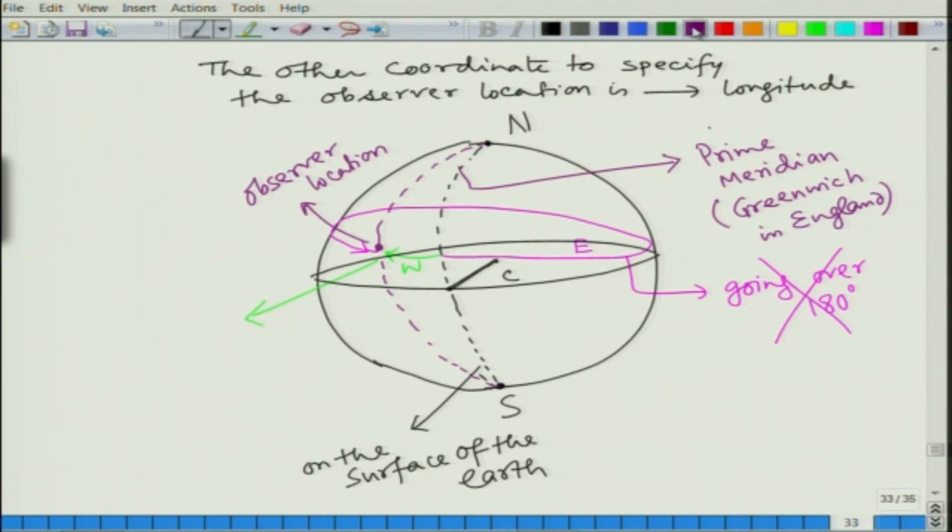Similarly, the meridian that is passing through the observer location, that also we can connect to the center of the earth at the equatorial plane. Okay.